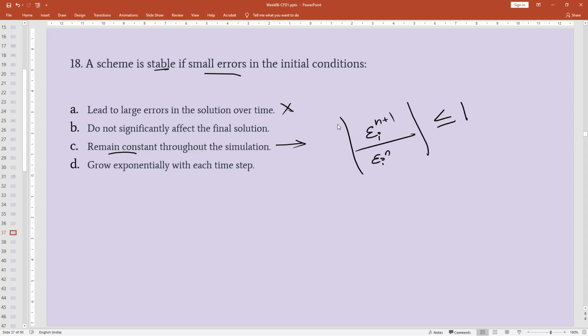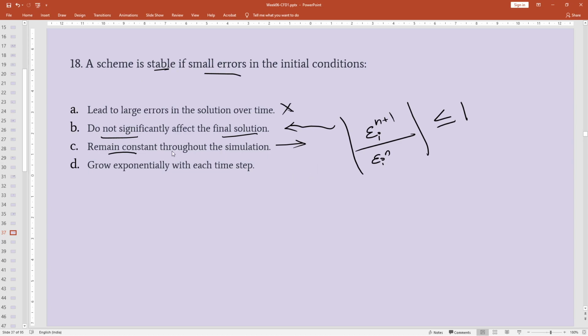This is more accurately given by option B, that it should not significantly affect the final solution. Whatever errors are there in the initial conditions, or whatever errors are introduced while performing the simulation, none of those should affect the final solution. That's what the stability property of a numerical scheme is all about.